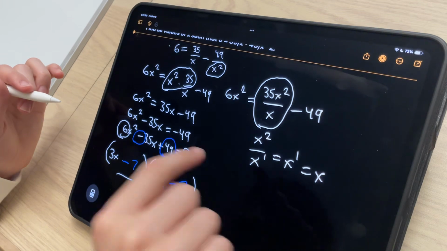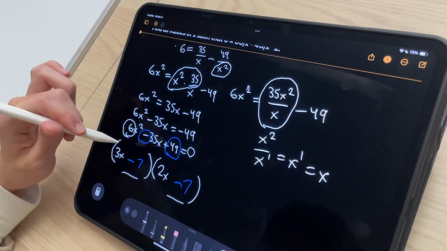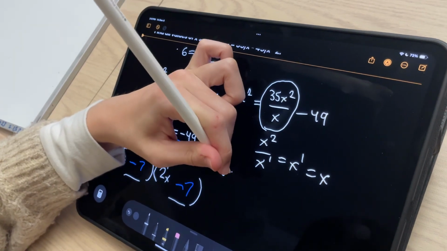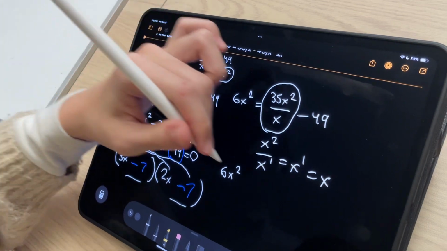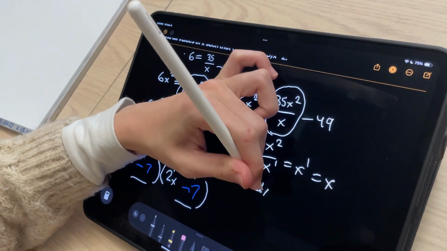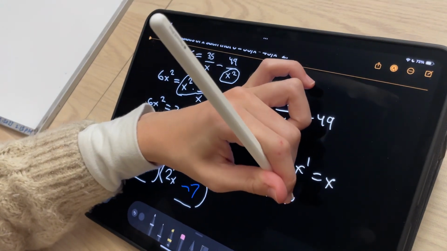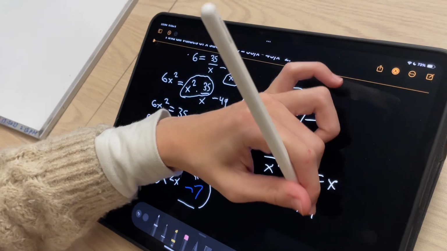We can then test this by using the distributive property to multiply this out. So first terms, 3x and 2x. As we know, that's 6x squared. Then outer terms, negative 21x, and then inner terms, minus 14x. And then last terms, positive 49.